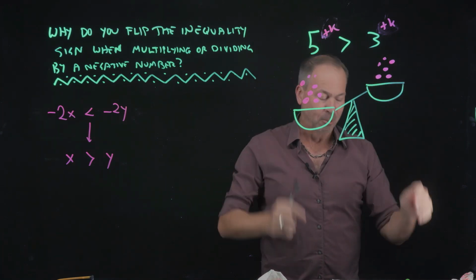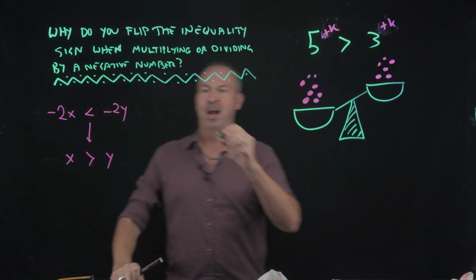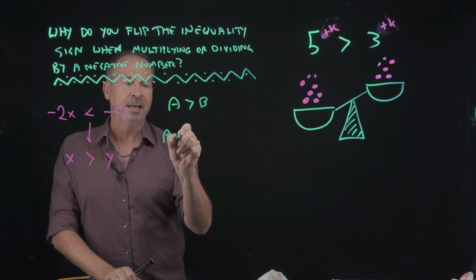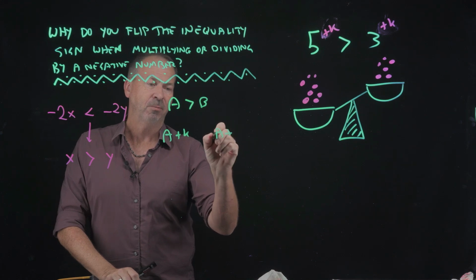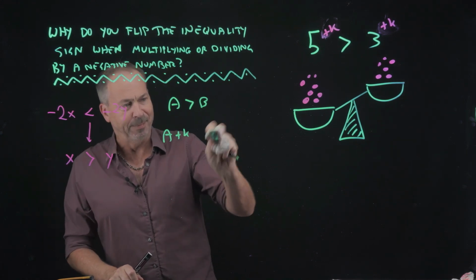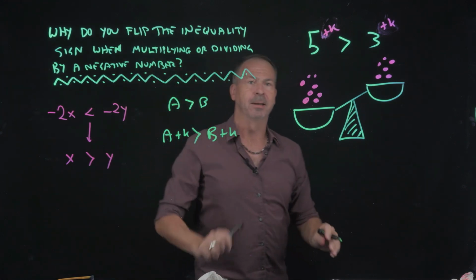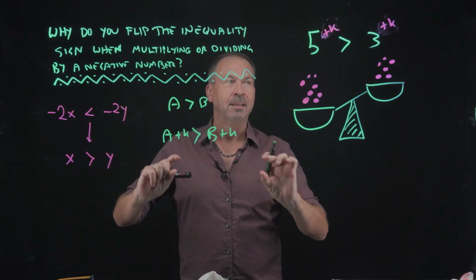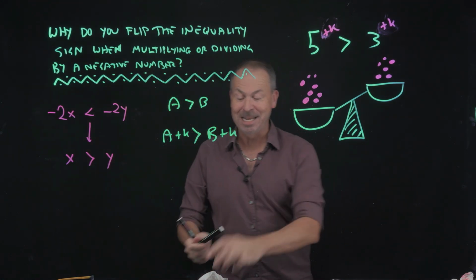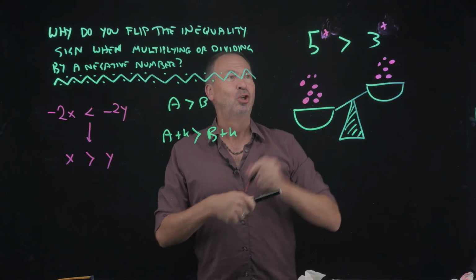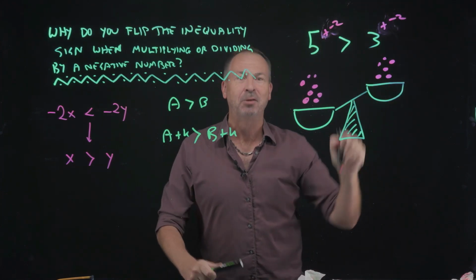So there's a fundamental belief of inequalities: if I have A is bigger than B, then I can add anything I like to the left and the same thing to the right, B plus k, and I will maintain the imbalance. So this implies that. And I could be sneaky. I could add negative 2 apples to both sides, but adding negative 2 means subtraction.